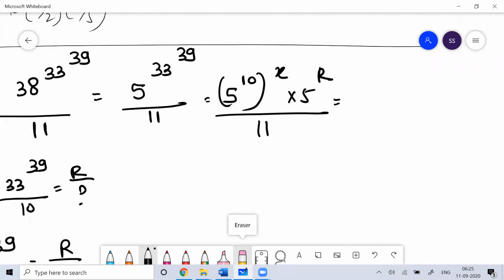So you can write this as 5 to the power 7 divided by 11.